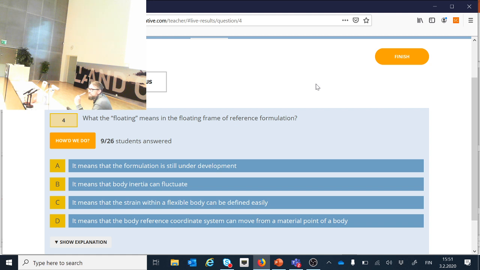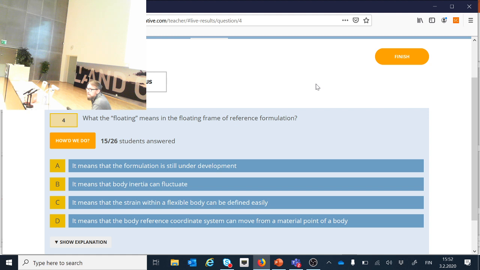Okay, so what do you say? Now, the options are: what does the floating mean in a floating frame of reference formulation? It means that the formulation is still underdeveloped, so it's floating towards the final configuration, or final form. It means that the body inertia can fluctuate.